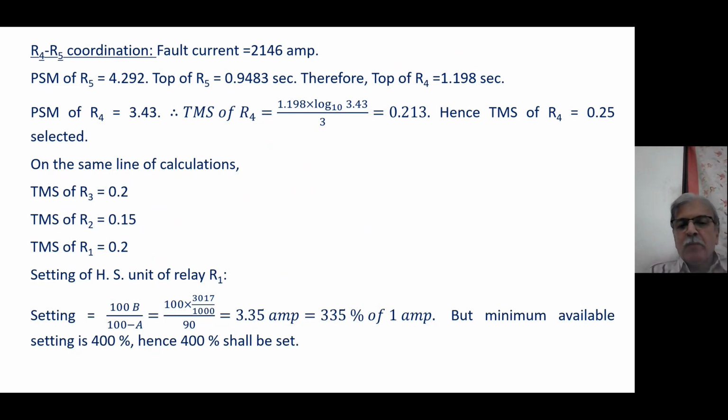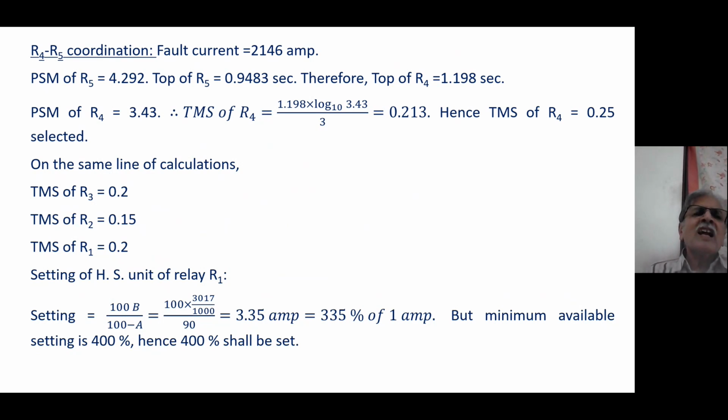So I am coming to 3.35 ampere, which is 335% of 1 ampere. But usually the setting range for high set unit is given to be 400 to 2000%. So minimum available itself is 400%. So I will have to set 400%.